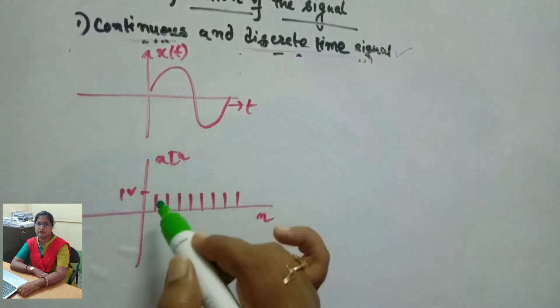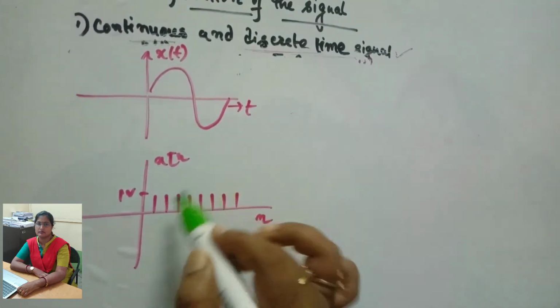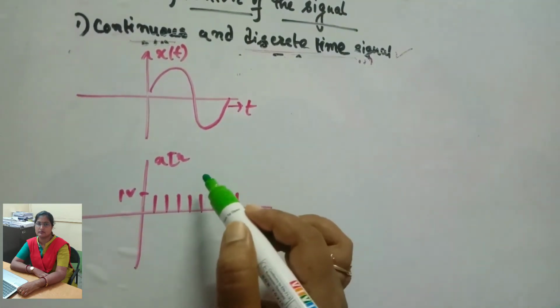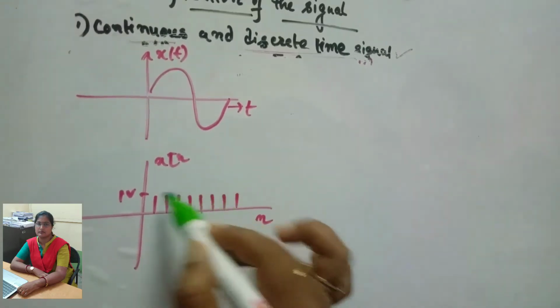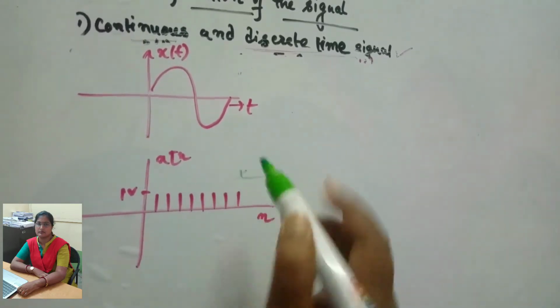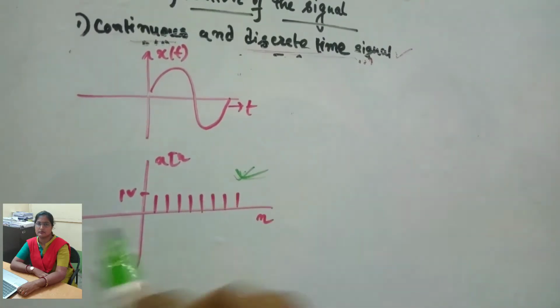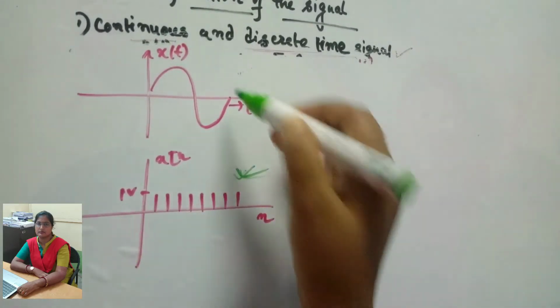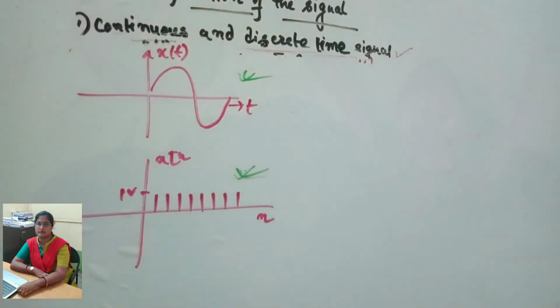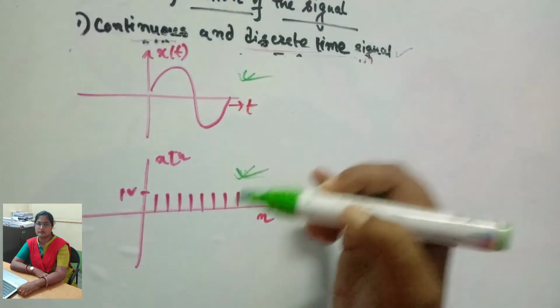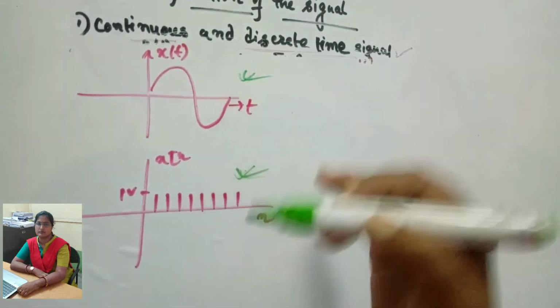Here I am multiplying the signal x(t) with a pulse train having 1 volt amplitude.